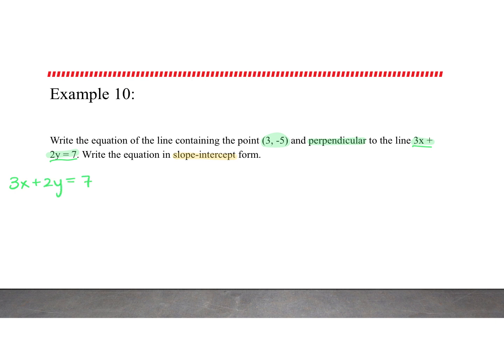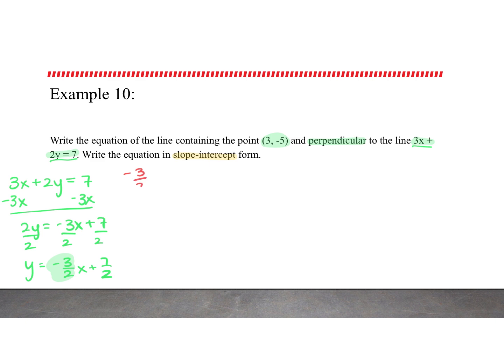And we need to find our slope. So we're going to solve it for y. So we're going to subtract the 3x from both sides. And then we can divide everything by 2 to get y by itself. And then we're going to find our slope, which in this case is negative 3 over 2.